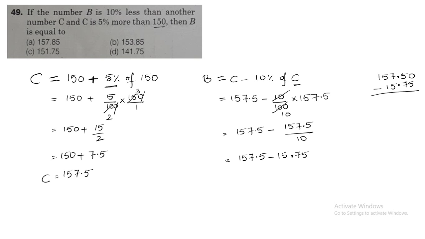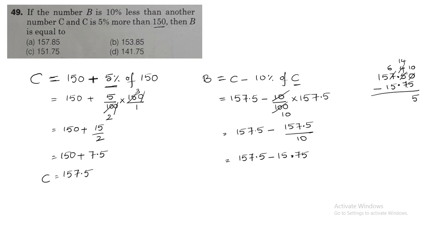Next we need to do subtraction. Since we can't subtract here, in the place of 0 I can take 10, then this becomes 4. So 10 minus 5 is 5. Next, from 4 I cannot subtract 7, so I can borrow 1 from this, then this 7 becomes 6 and this 4 becomes 14.